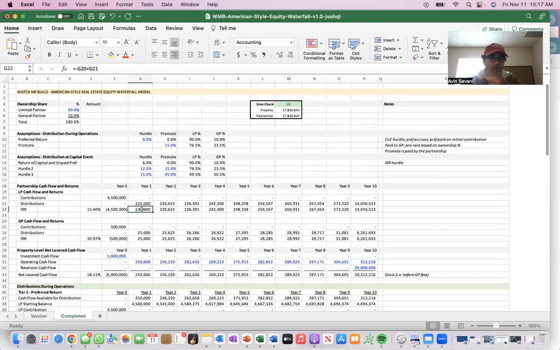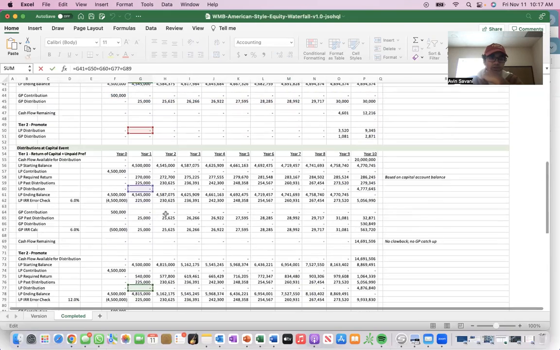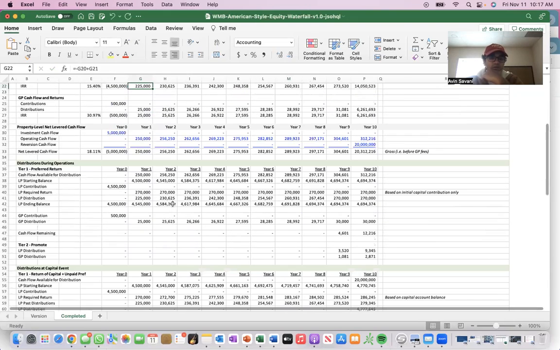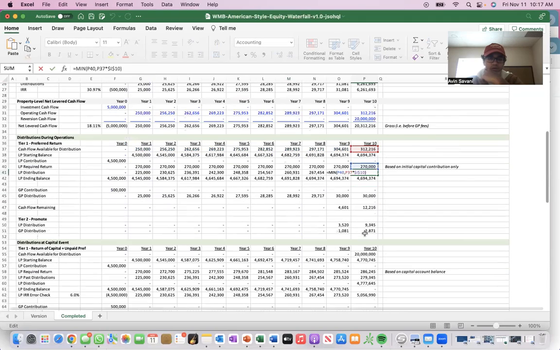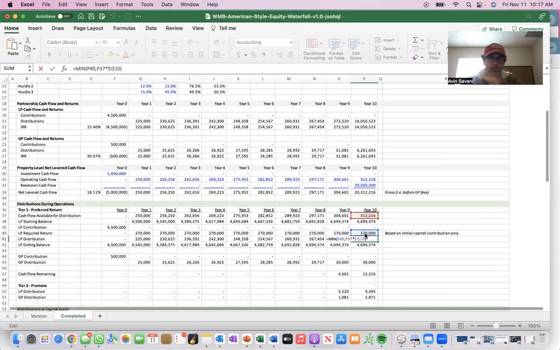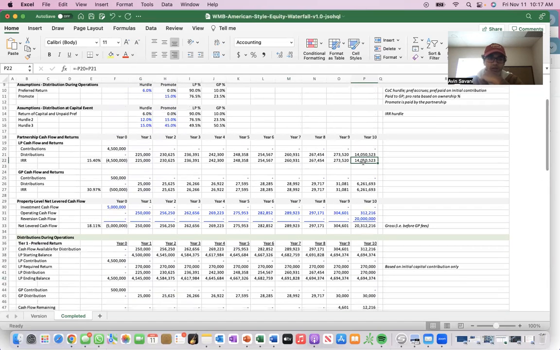Right here, you'll see that it's essentially the distributions that we calculated on each phase, right? In that last year, they got a lot, right?